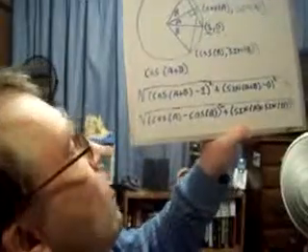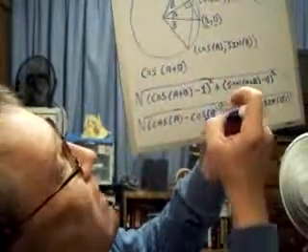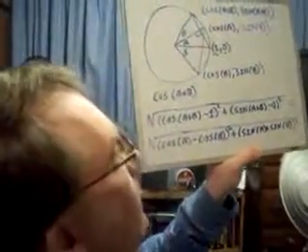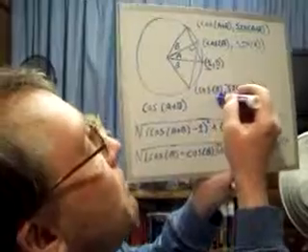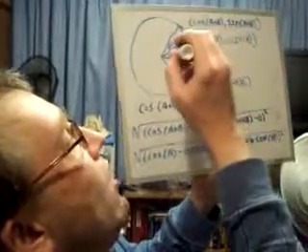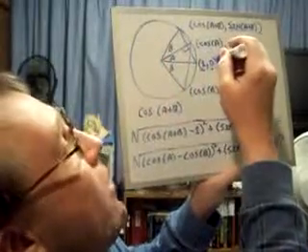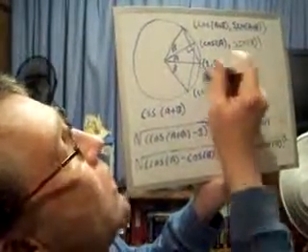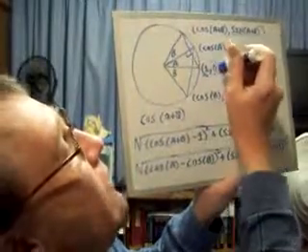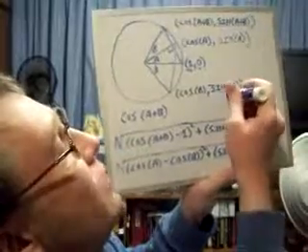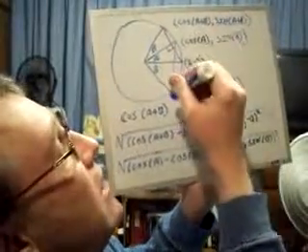So, to review, the cosine of A comes from here. The cosine of B comes from here. Now, why is this a positive cosine of B? Because when you're talking about horizontal coordinates rather than vertical coordinates, the horizontal is still positive even though the vertical is negative. Sine is a vertical coordinate, so it's negative.